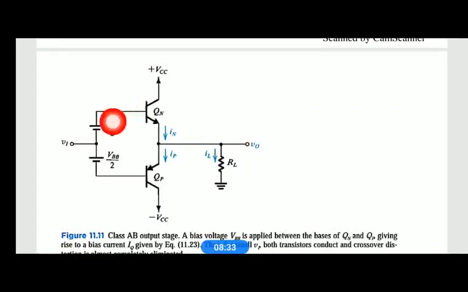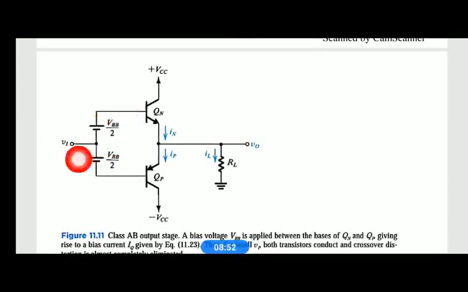You see, the VBB by 2 positive voltage is already applied for the transistor QN, right? And here again we are applying the positive voltage. This positive voltage added with this positive voltage means the total voltage here is VBB by 2 plus Vi, right?